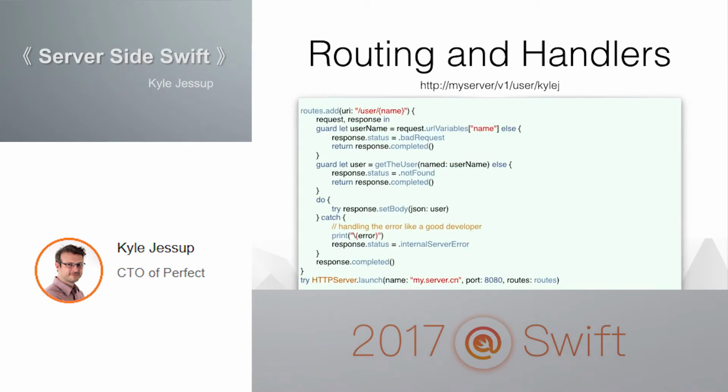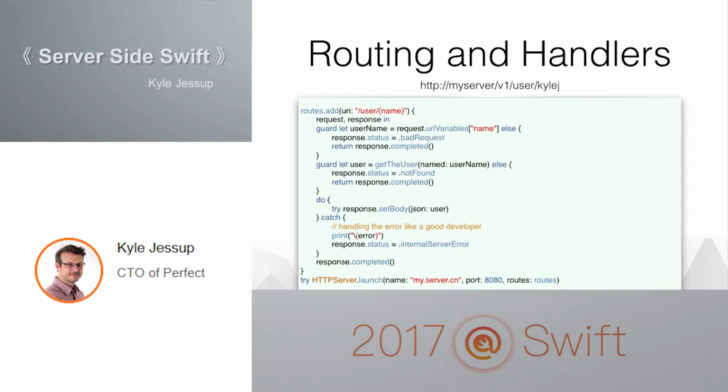So here's one where the URI is /user, and then in the curly brackets we have a name. So that's how you would add a variable. So I could say /user/Joe, for example. And down here, when we pull it out of the URI variables, we'll have that.